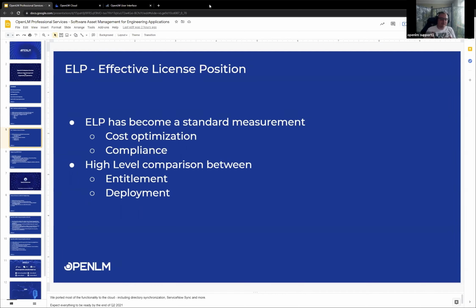For the effective license position for your standard contract, like Microsoft or Oracle, the high-level comparison always goes between the entitlement, on one hand, which is what you have purchased, what you own, what you are contractually obliged to, and on the other hand, the deployment. Most of these contracts don't use a technical limitation on how many licenses you can use at the same time, especially if you are working for a bigger company.